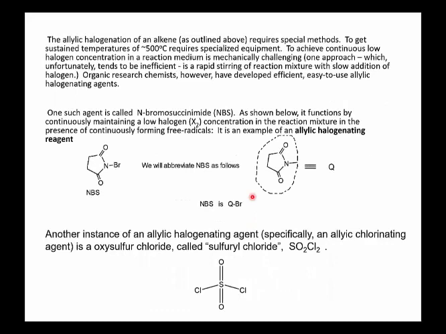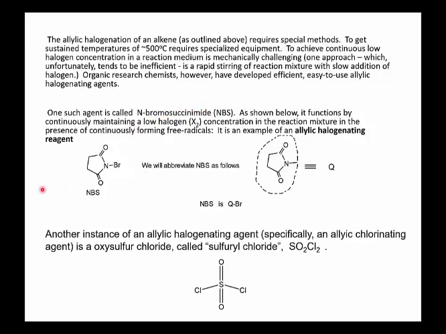We're going to be able to accomplish allylic halogenation with one of these specialized designer agents. There's one for bromination and one for chlorination. The one for bromination is called N-bromosuccinimide, abbreviated NBS.